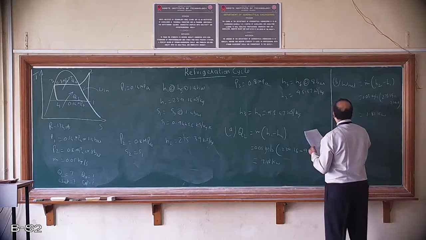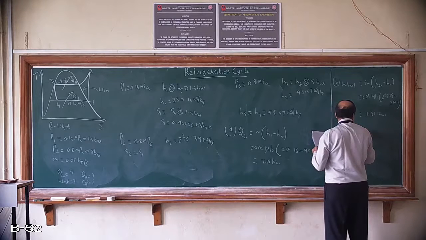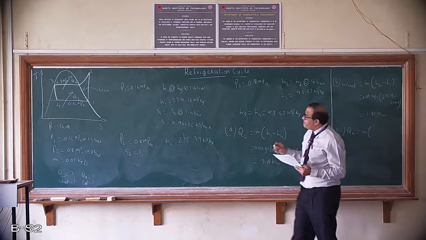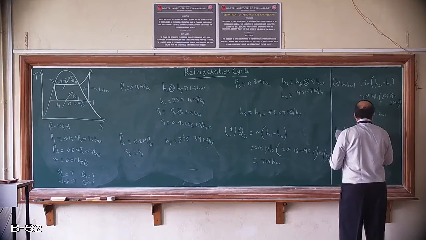what is the rate of heat rejection, QH, is m dot, where exactly happens? H2 minus H3, isn't it? So m dot into H2 minus H3.